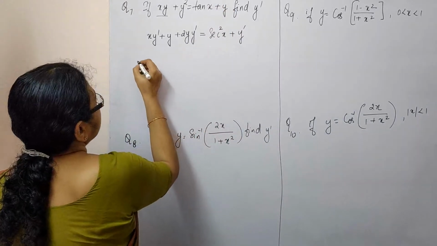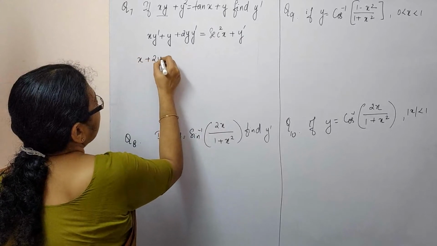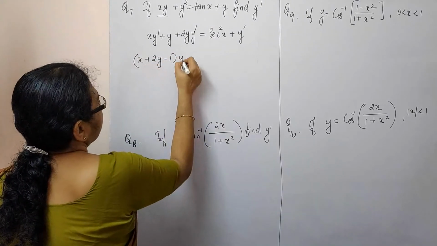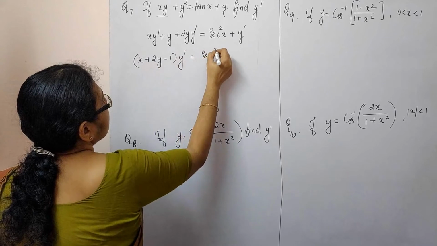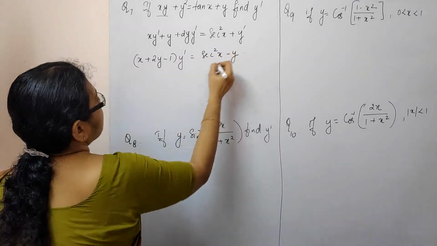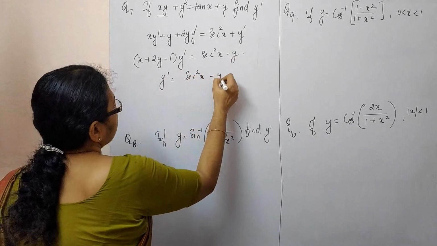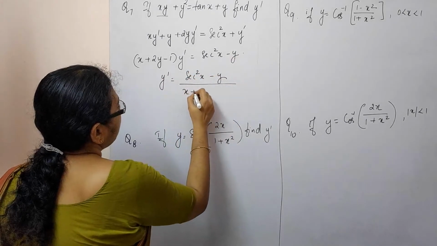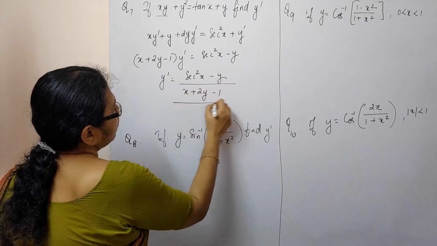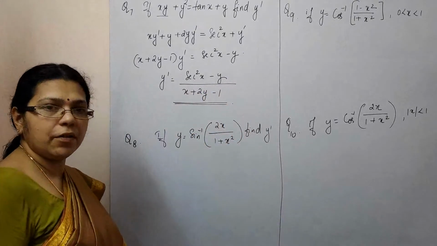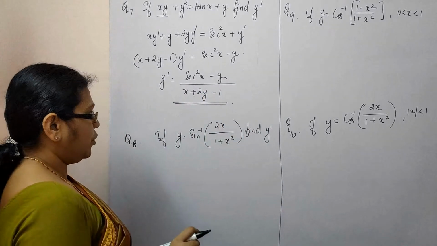Now I club y dashes together. (x plus 2y minus sec squared(x plus y)) into y dash is equal to sec squared(x plus y) minus y. So what is y dash? y dash is equal to (sec squared(x plus y) minus y) by (x plus 2y minus sec squared(x plus y)). This is the value of the y dash.